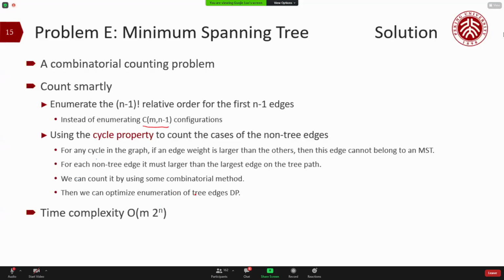Then there are some implementation details. We can optimize the enumeration of the tree edges with dynamic programming. So the overall time complexity is m times 2 to the n. So this is problem E. It's a counting problem, and if you count smartly, you can solve it within the time limit. Okay, so this is problem E.